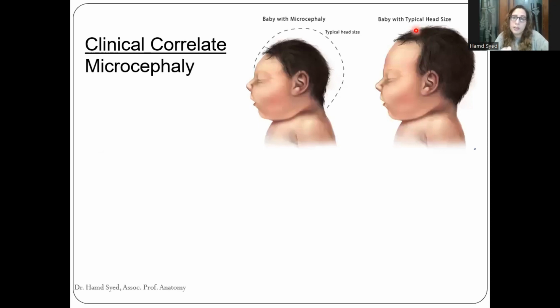Let's just discuss the clinical correlate, because right now we are talking about the cranium, and we just saw that molding of the cranium is a normal process, but in some cultures this is artificially induced. Similarly, in some cultures, in certain religious practices, they insert a metal cap on the skull of a child, and that restricts the growth of the calvaria, causing a head size which is going to be smaller than normal, and that condition is known as microcephaly.